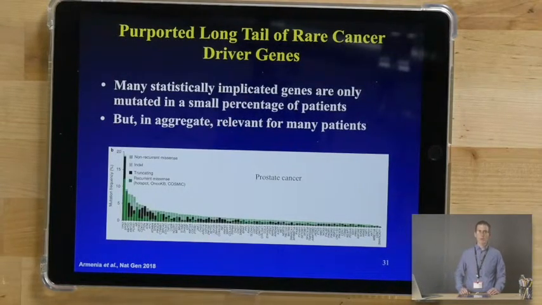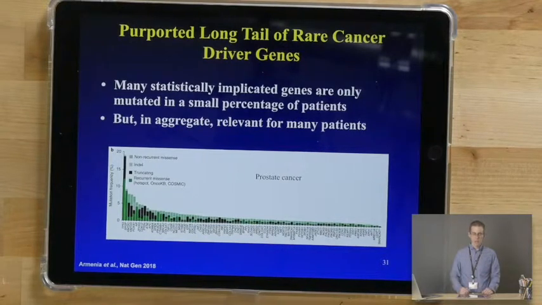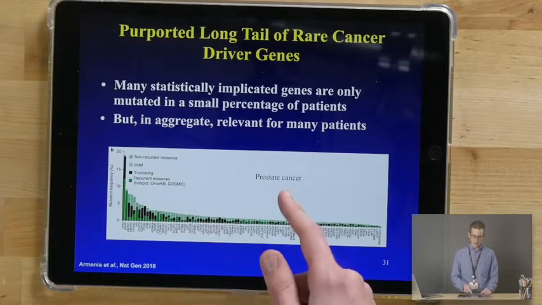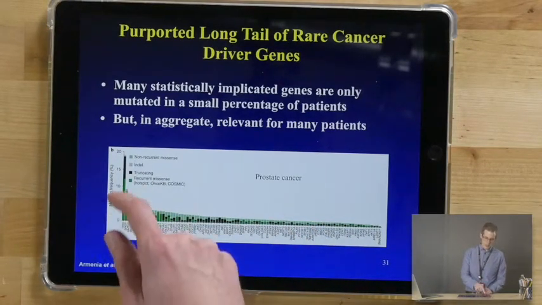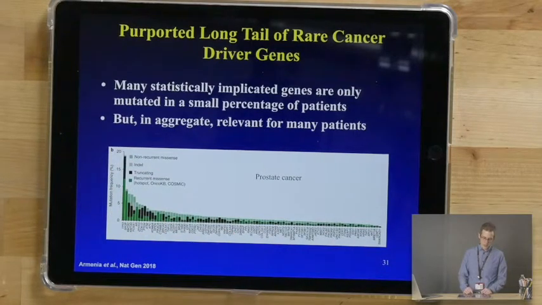So what we've found from these cancer sequencing studies is that many of the relevant genes are only mutated in a relatively small percentage of patients' tumors. If you look in this case at a study from prostate cancer, the most mutated cancer driver gene implicated is TP53, the gene I was just talking about.